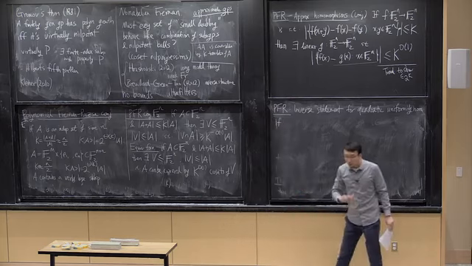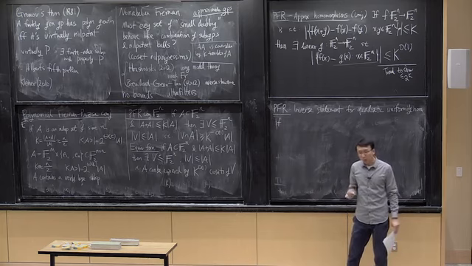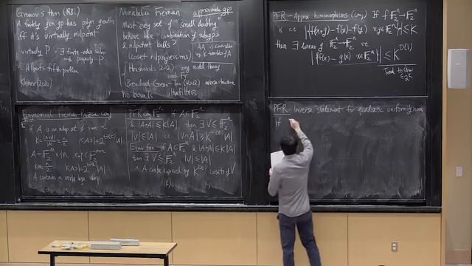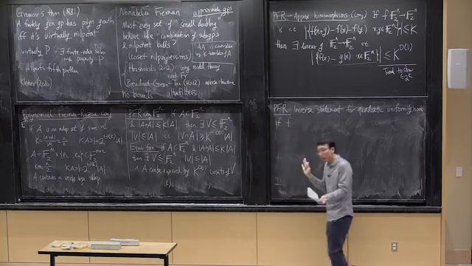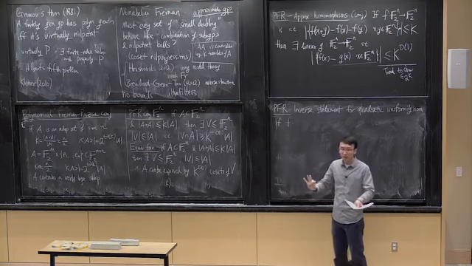So recall our discussion of the Fourier analytic proof of Roth's theorem. We want to say that, but now think about not 3 APs, but 4 APs.